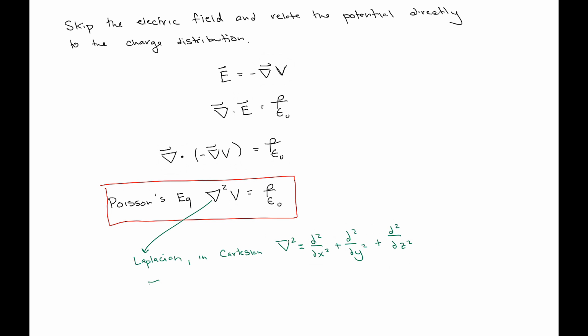So if I take the Laplacian of the potential, I end up getting this here. And this right here is a second order differential equation that we have lots of mathematical techniques to solve.